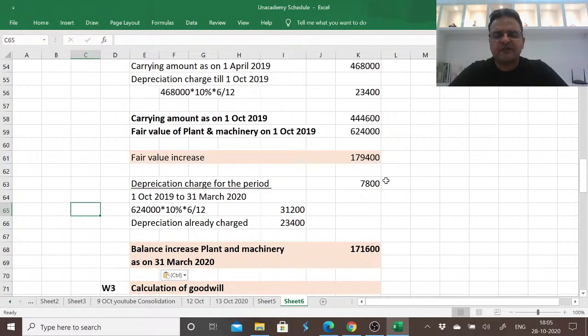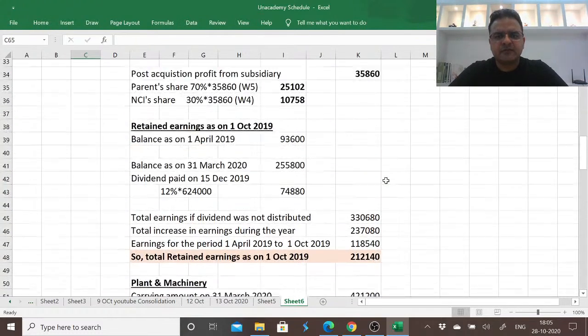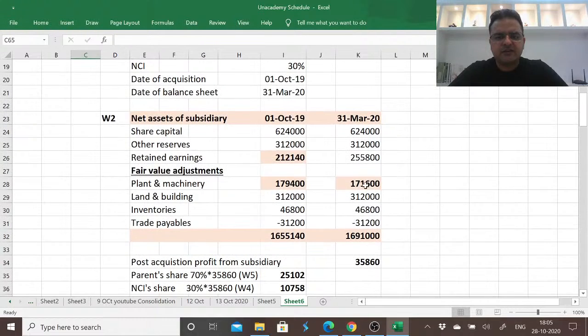If it was 179,400, there will be a depreciation charge on this amount of 7,800. We get the balance of 171,600. 171,600 is the plant and machinery balance increase on this date.